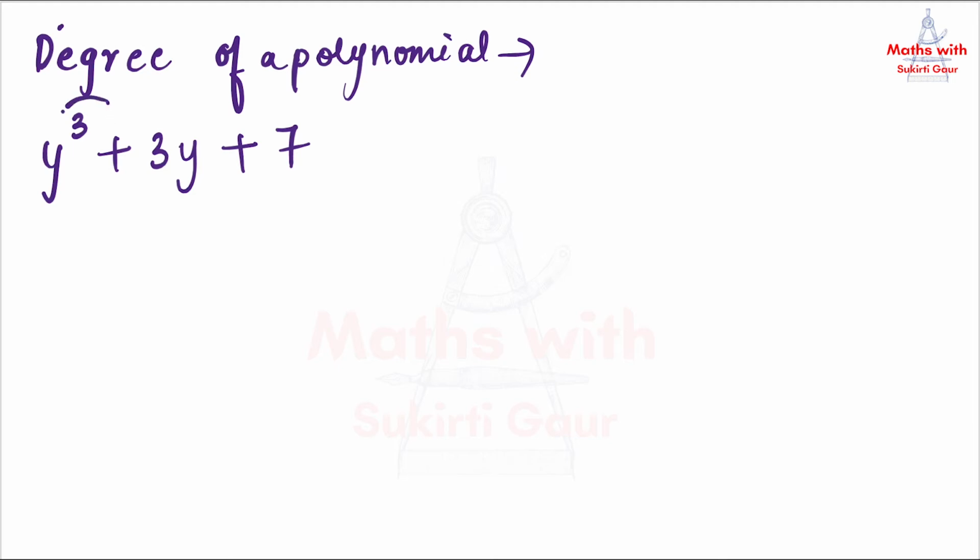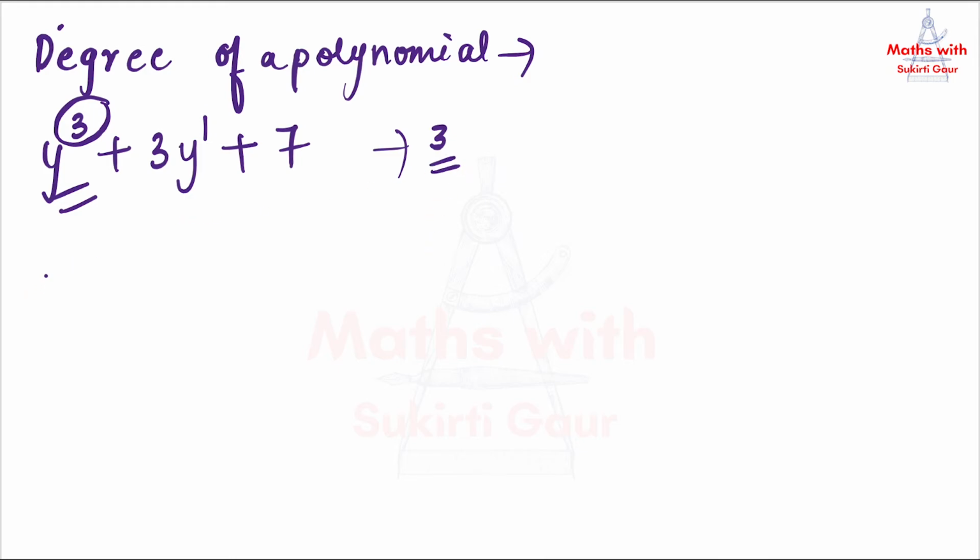The highest exponent of variable present in a polynomial is called degree of that polynomial. So we have y cube, y to the power 1, and there is no variable with the constant. So the highest power of the variable over here is 3. So the degree of this polynomial is going to be 3.